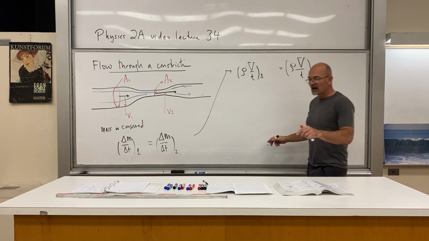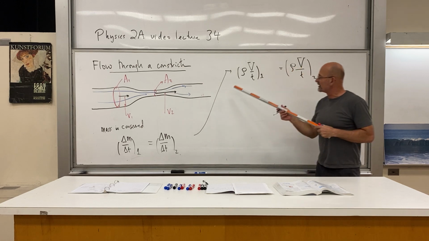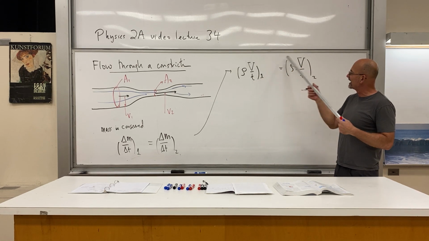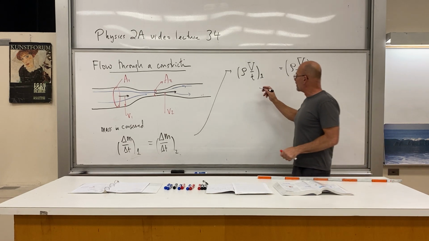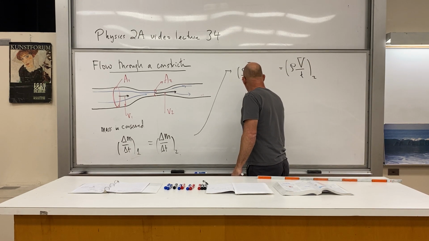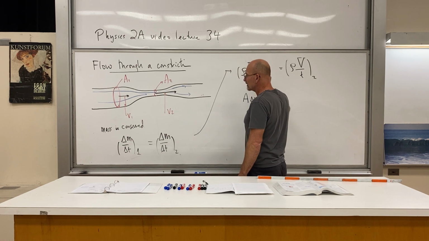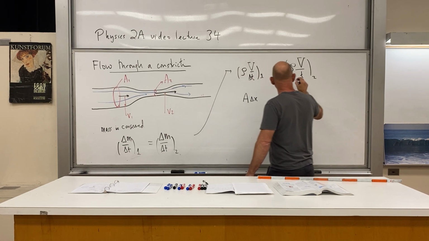Now, I just said, but I erased it, that the densities are the same because it's incompressible, okay. Incompressible means the density is the same. The volume is A times delta X. Now, why don't I go ahead and put a delta T here like I had before.